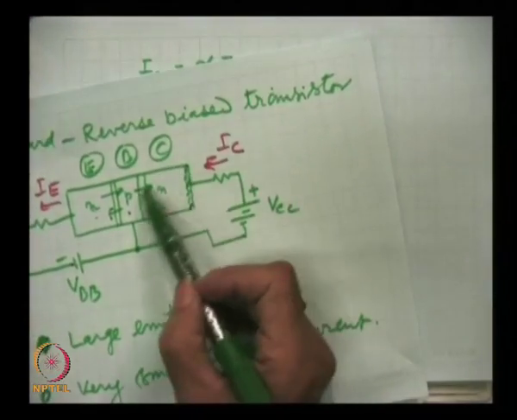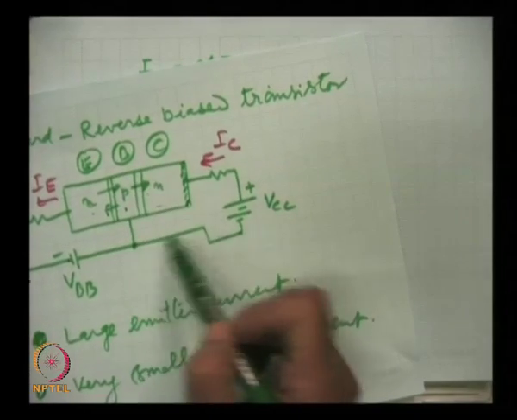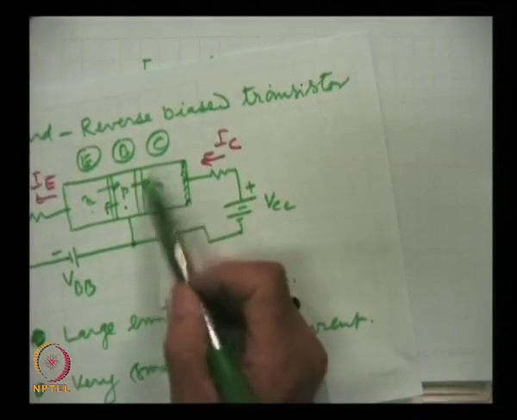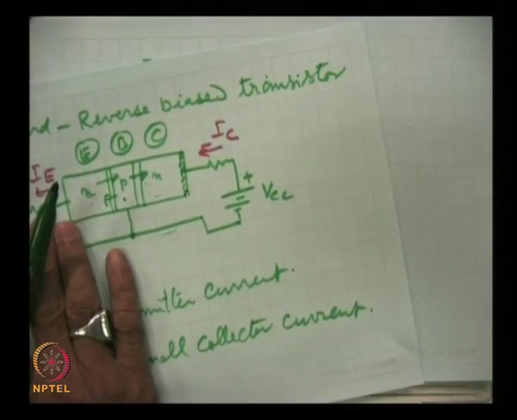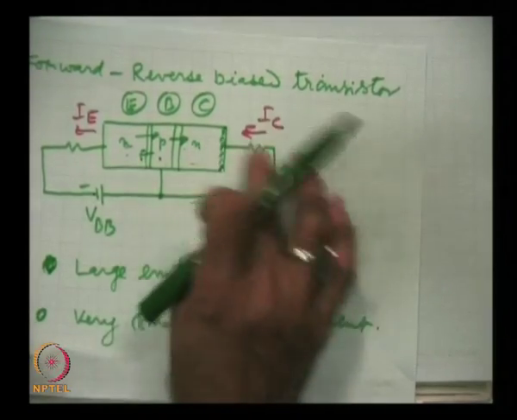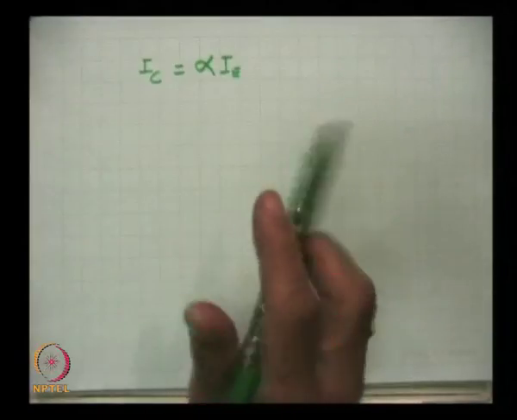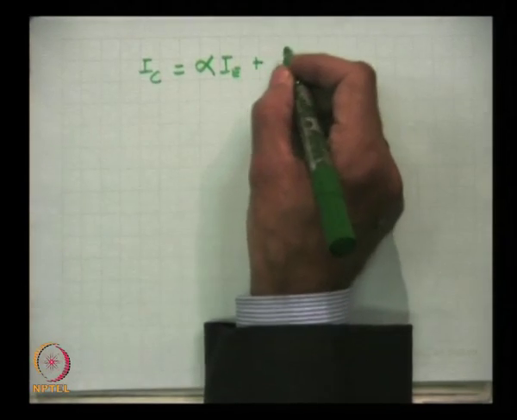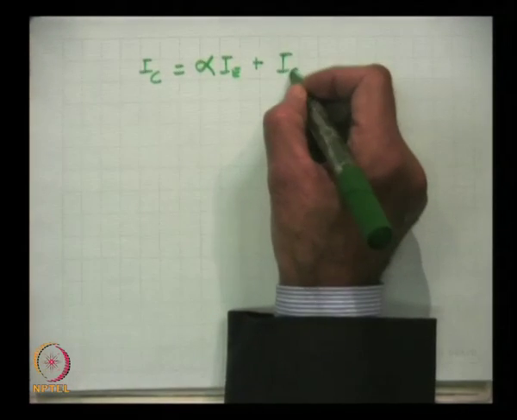this collector junction is a reverse-biased junction. So, even if the emitter current is made 0, this current will be there, the reverse saturation current, and that we write as ICBO.